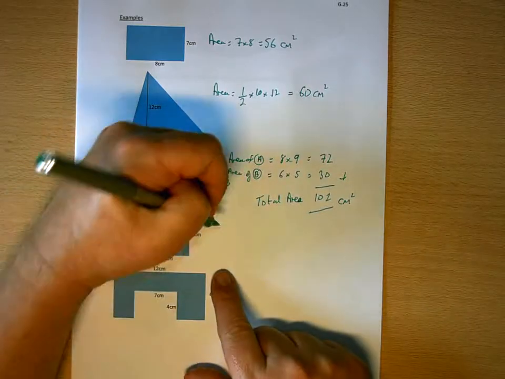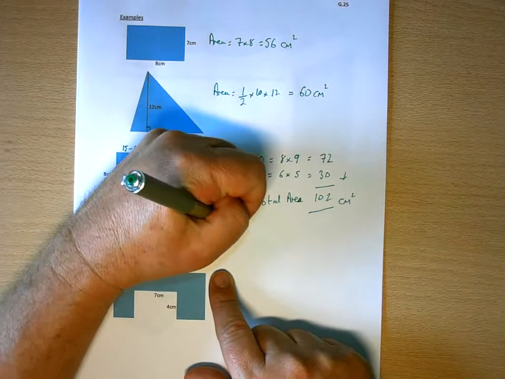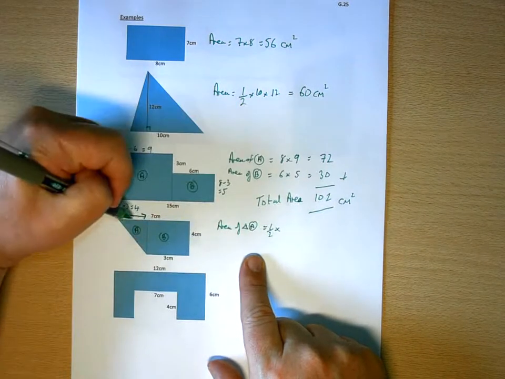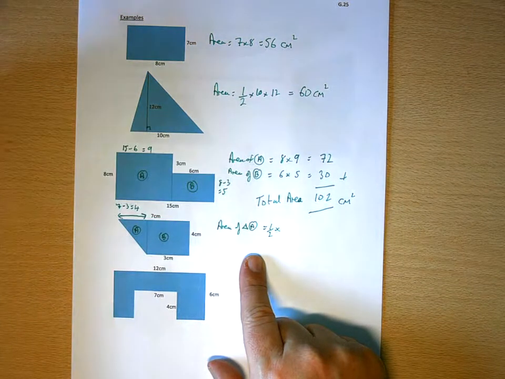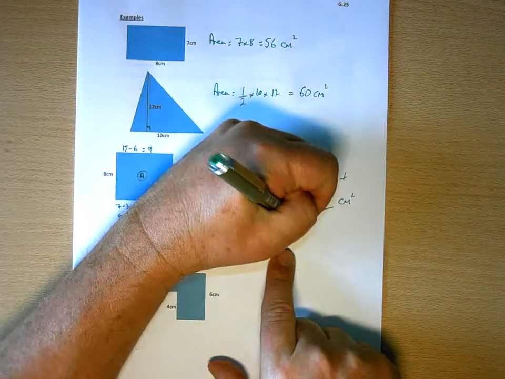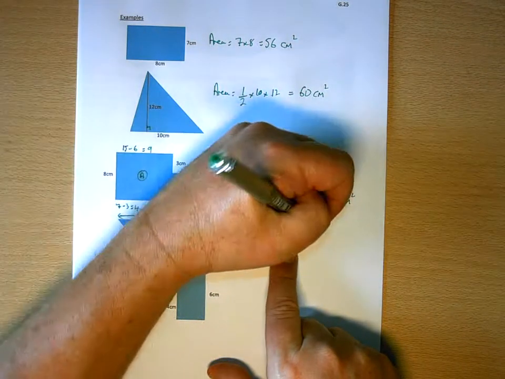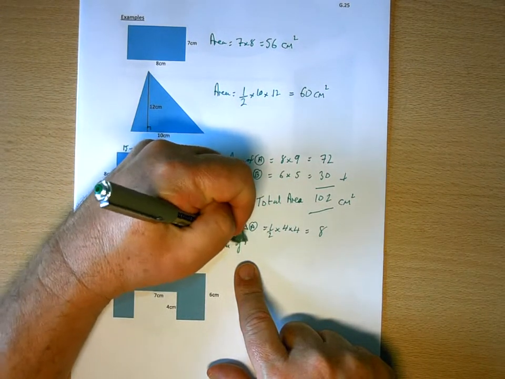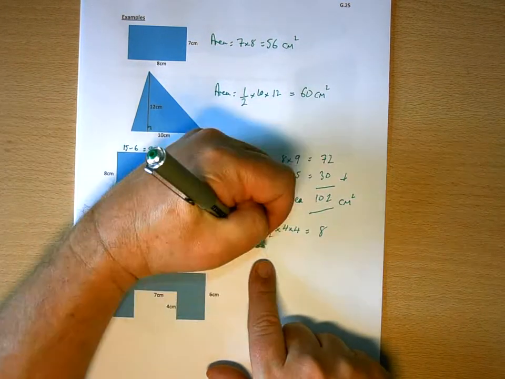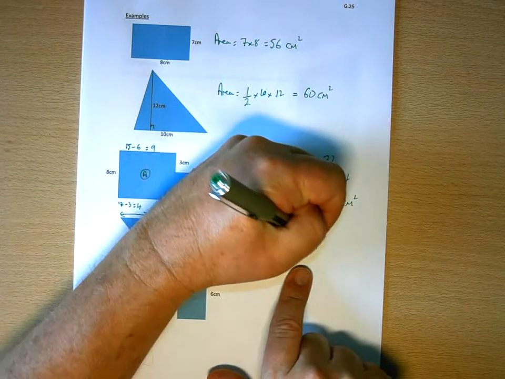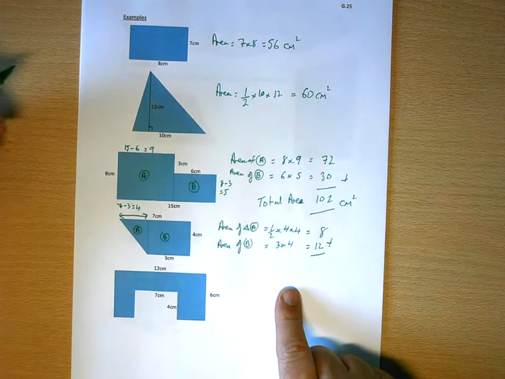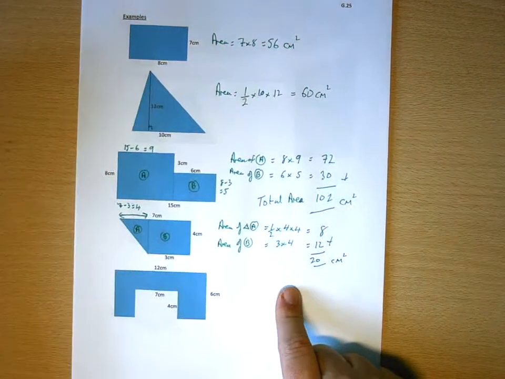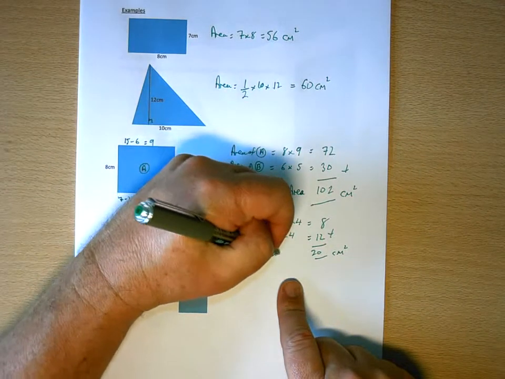So the area of triangle A will be a half times 4 times 4. 4 4s is 16, half of 16 is 8. The area of B is 3 times 4 equals 12. So the total area, I'm going to add the 2 together, will be 20 centimetres squared.